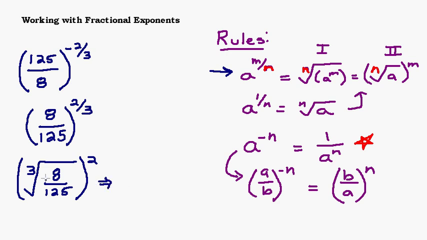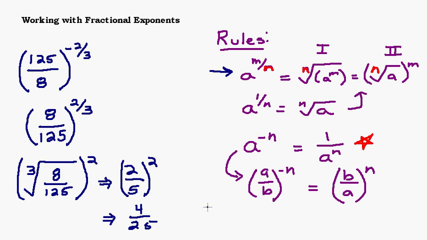The cubed root of 8 is 2. The cubed root of 125 is 5, since 5 times 5 times 5 is 125. And then we need to take this whole thing to the second power. So 2 to the second power is 4, and 5 to the second power is 25. So there's your answer, 4 over 25.